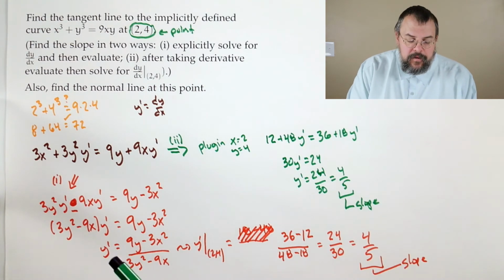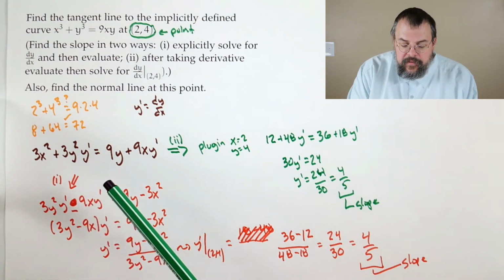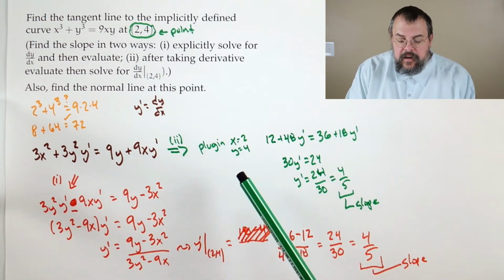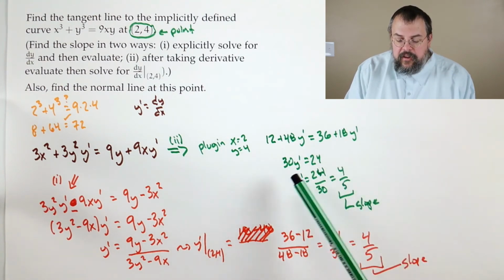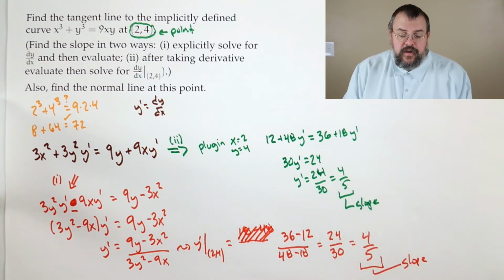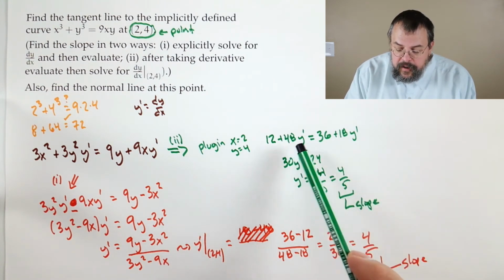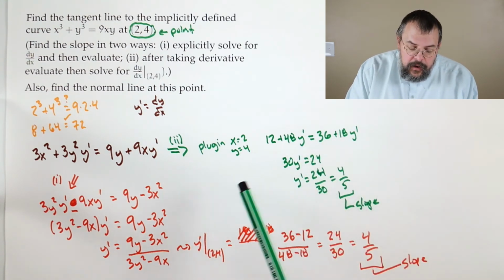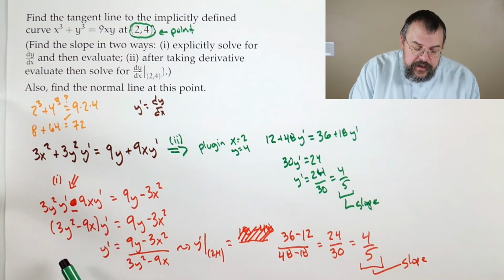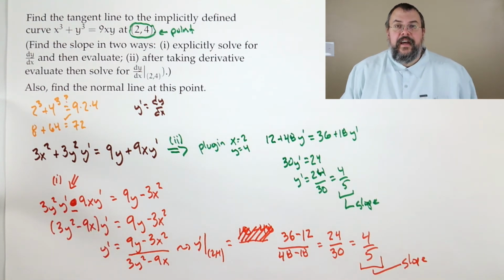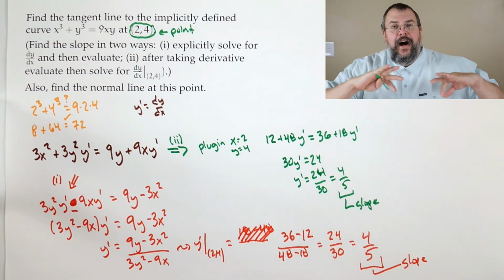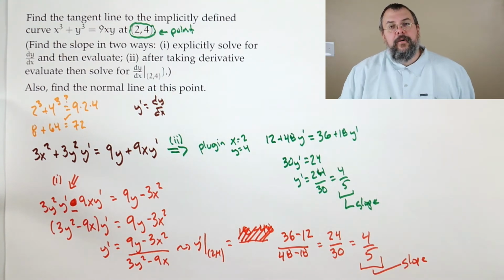So here we were able to say, I'm now evaluating as soon as I can so that when I start combining things, I can combine numbers. See, at the end of the process, see how we had this 48y prime and 18y prime? Well, that's easier to say, oh, that's 30, while over here we had to say that's 3y squared minus 9x because we couldn't see how it comes together in a quicker way.